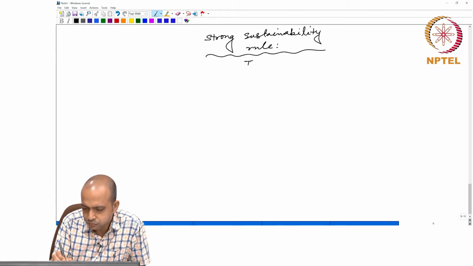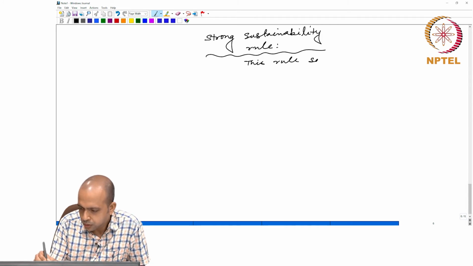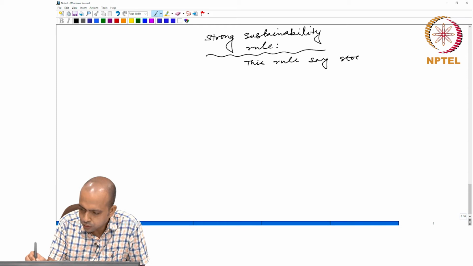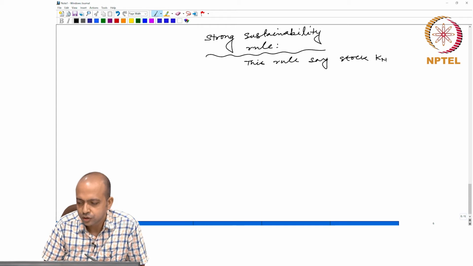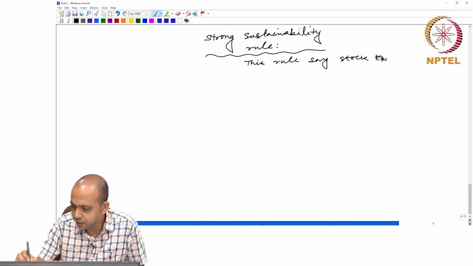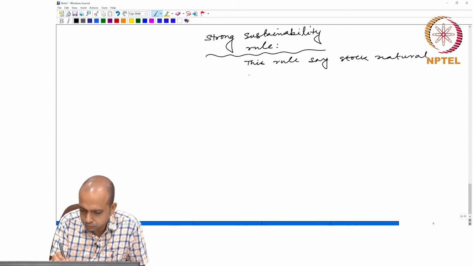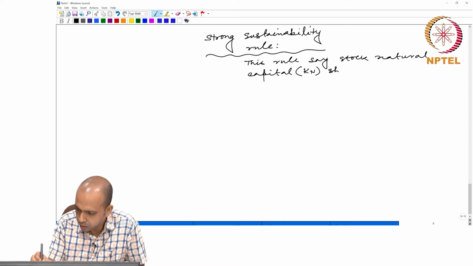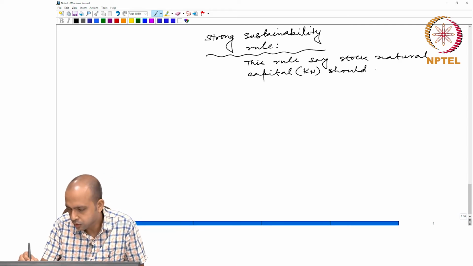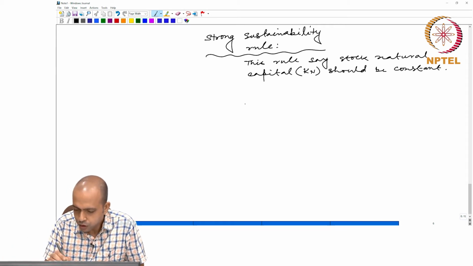This rule says that the stock of natural capital, denoted by Kn, should be constant. Now, what does it indicate?